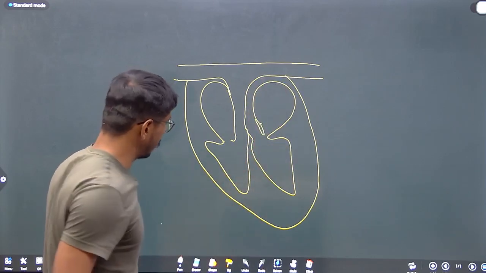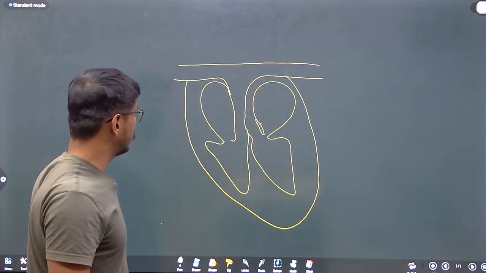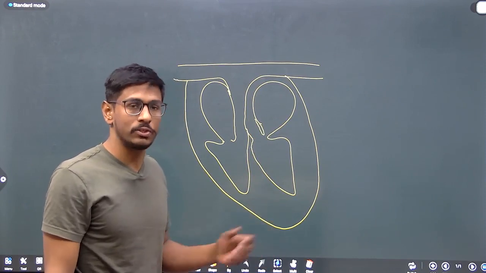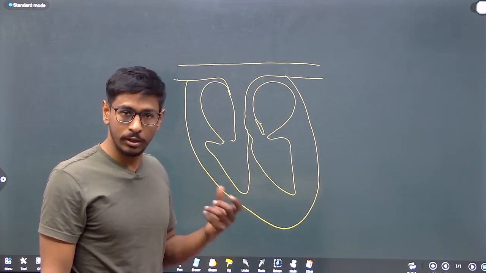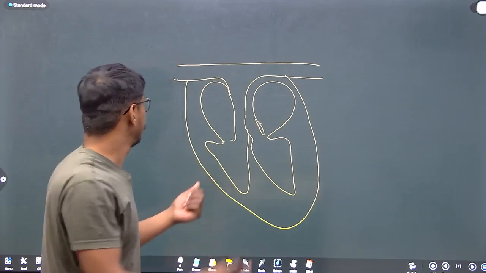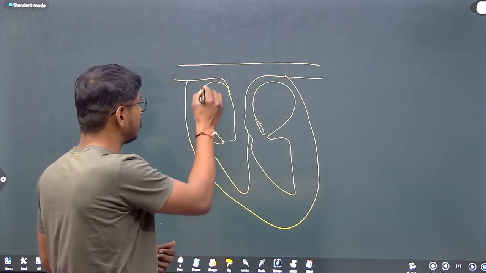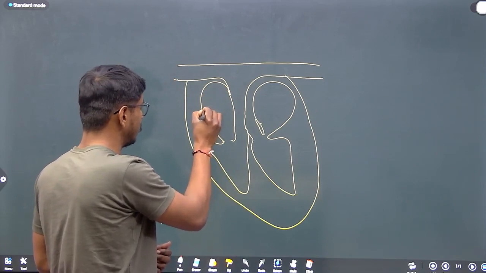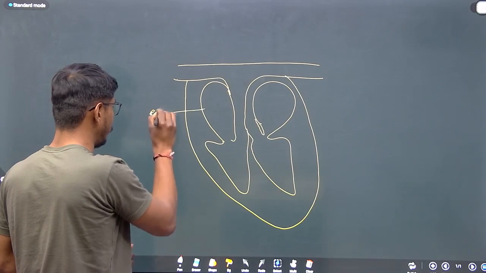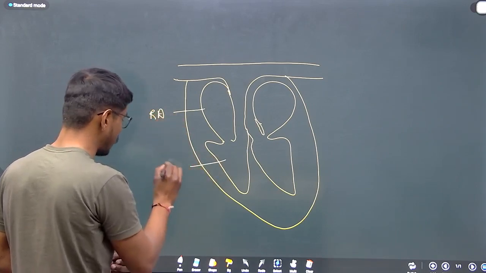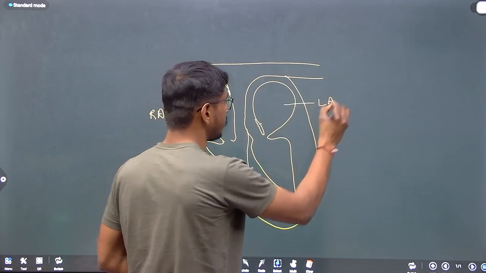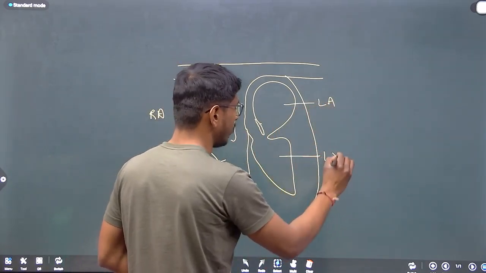So this is the outer covering, which is made up of cardiac muscles, which are non-voluntary, involuntary muscles. So this is the right atrium, and this is the right ventricle. This is the left atrium, and this is the left ventricle.